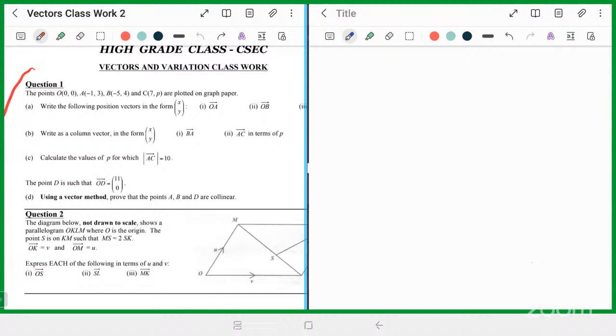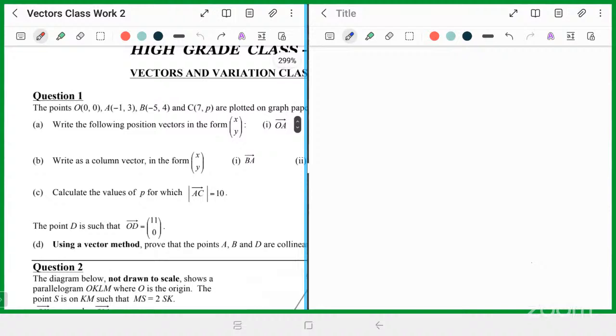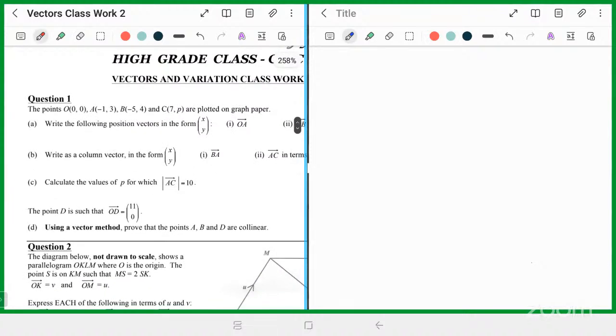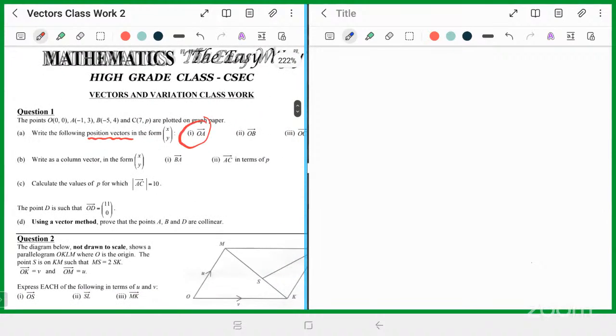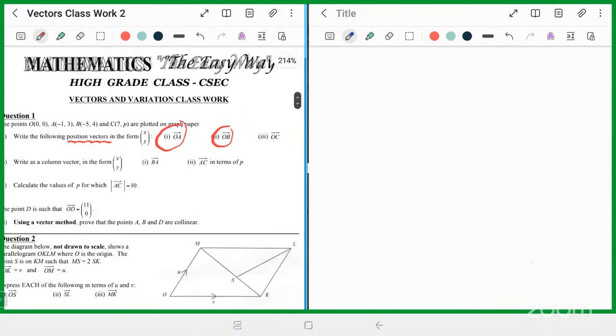So this first question gives us these points, A, B, and C, relative to an origin O. They ask us in part A to write the position vector for each of the points, OA, OB, and OC.